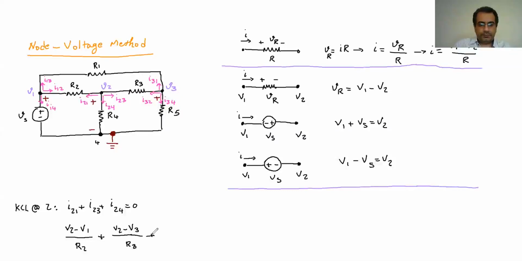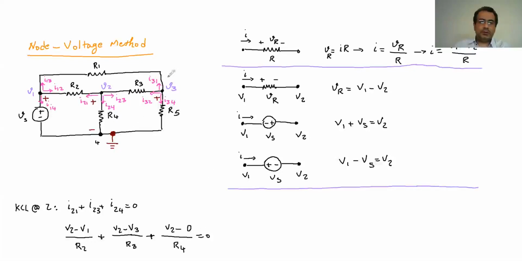So it's going to be V2 minus V4, and the V4 is 0. Remember, I said that when we are doing the difference, the voltage at reference is 0. And what is in between is R4. And it's going to be 0. So this is how it's going to be written for the second one.